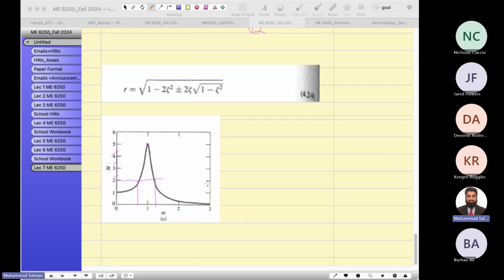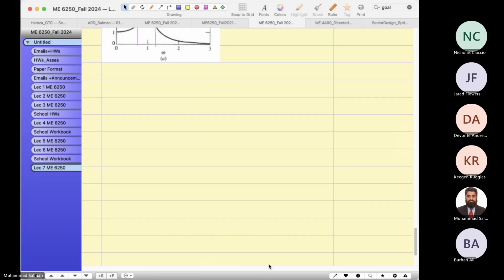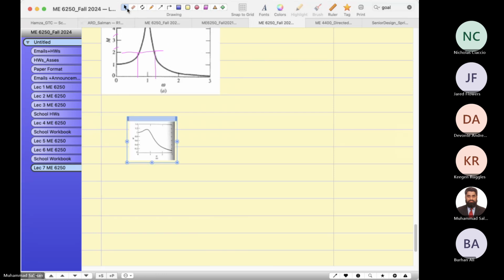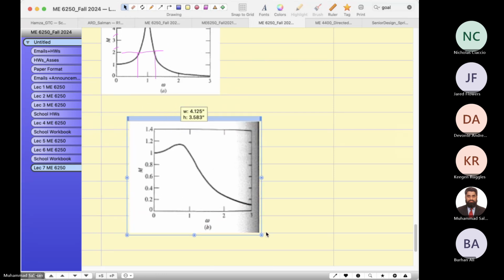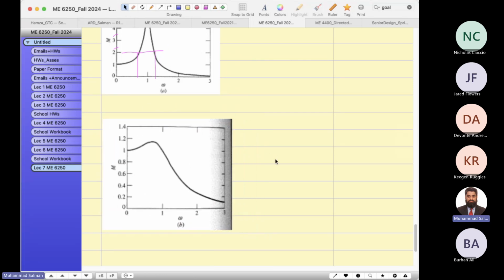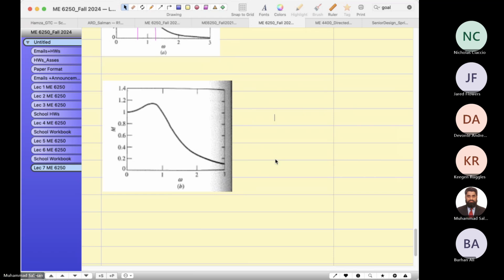Another example I'm going to show you is, so this case is a low pass filter.